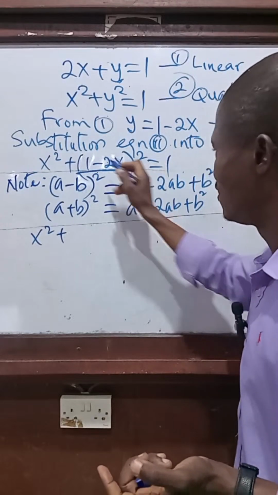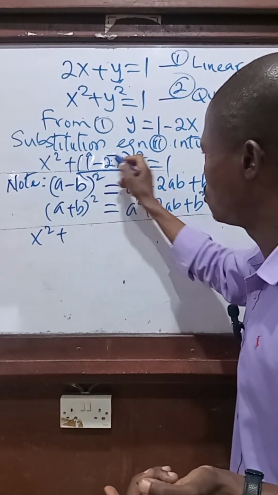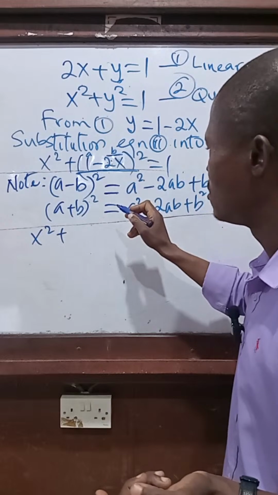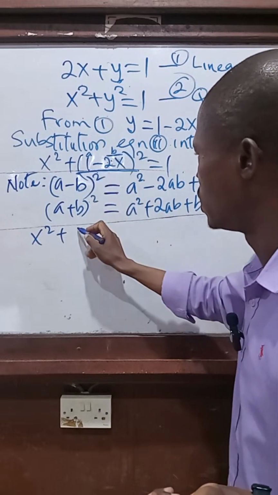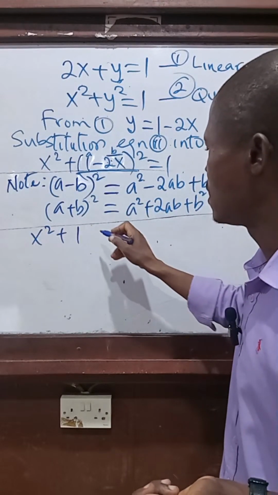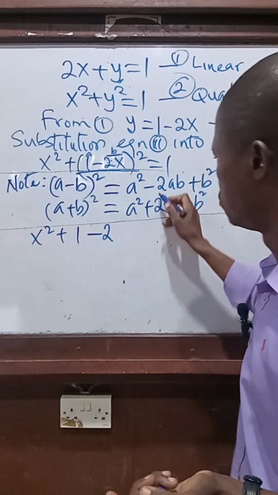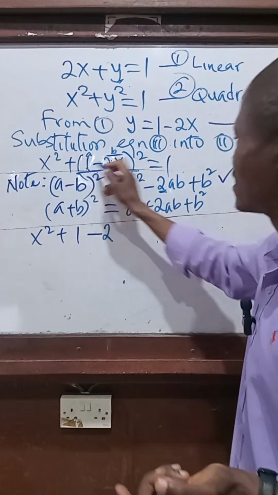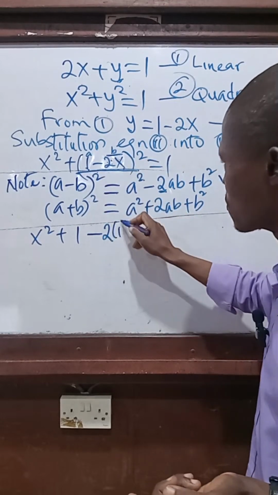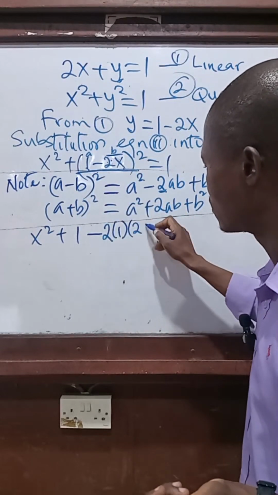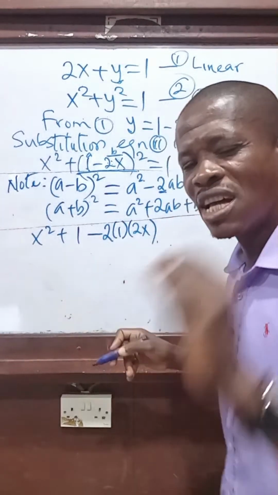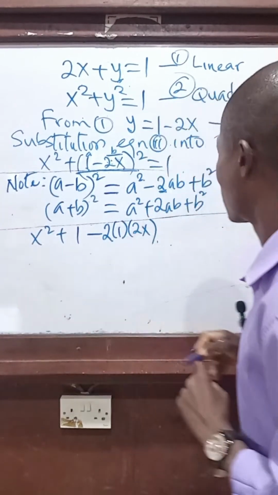Now this is your a, this 2x is your b, so that will be a squared, that's 1, minus the invisible 2, and then a times b. Your a is 1 and your b is what? 2x. It's as simple as a, b, c.